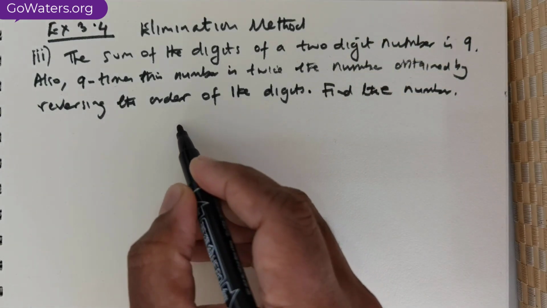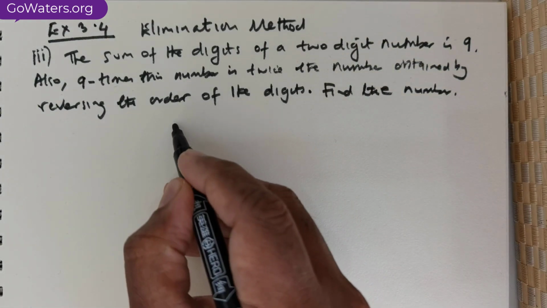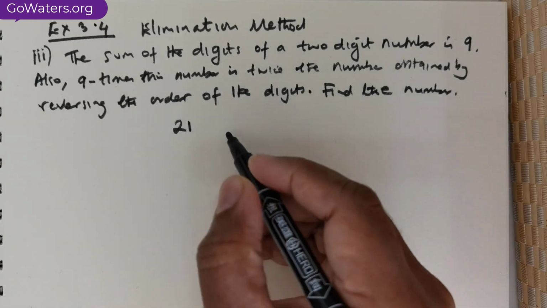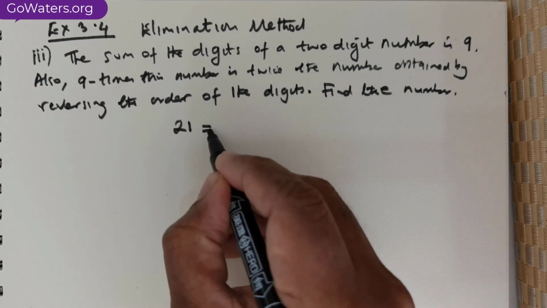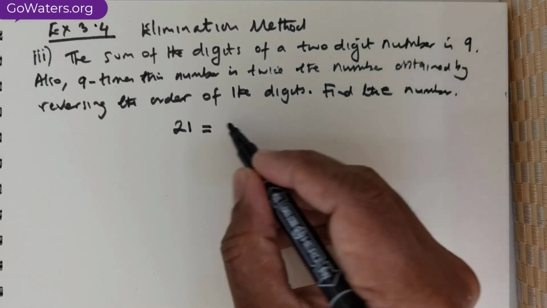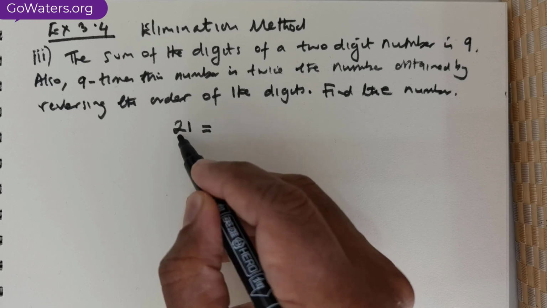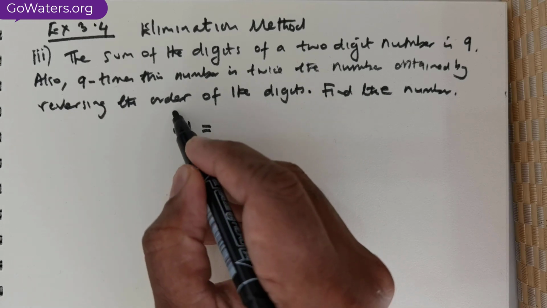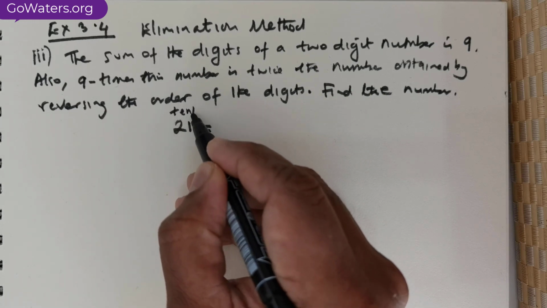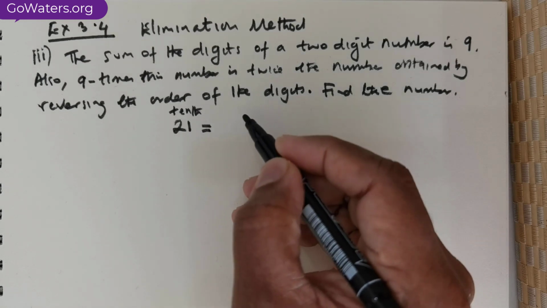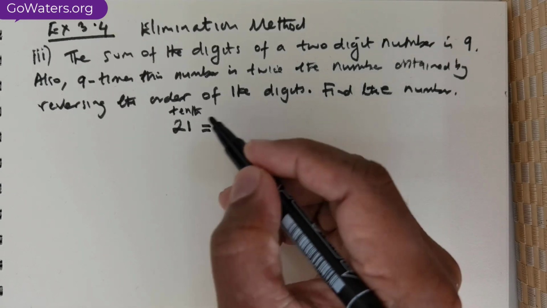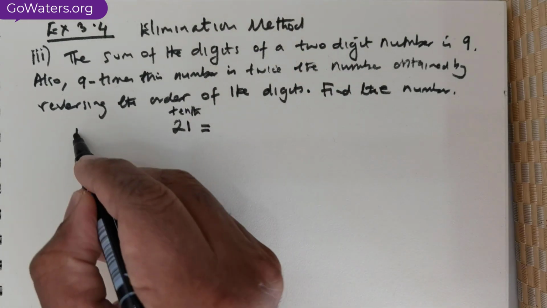Now if you have a 2-digit number, say for example 21, then this 21 is actually obtained in the following fashion. The digit that you see here is the leading digit. This digit is actually in the 10th place, because we are treating numbers with base 10.